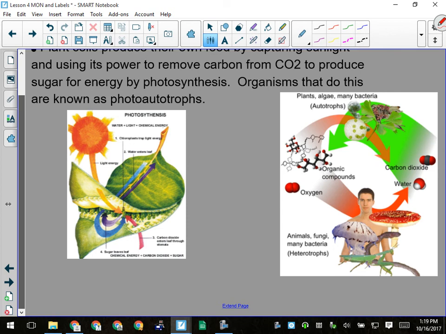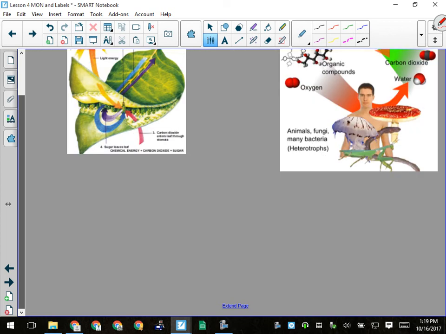Okay, so when we're looking at this as a chemical reaction, it's this. That's what photosynthesis looks like as a chemical reaction. Remind you of anything? Which reaction in chemistry?